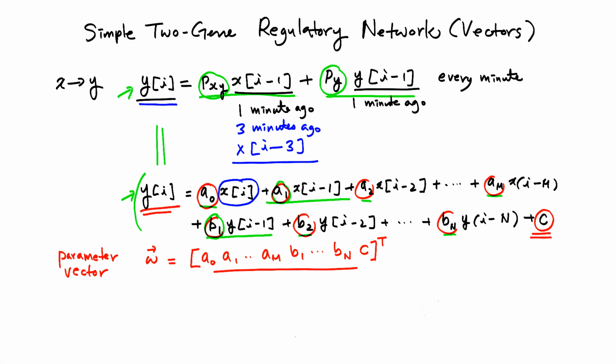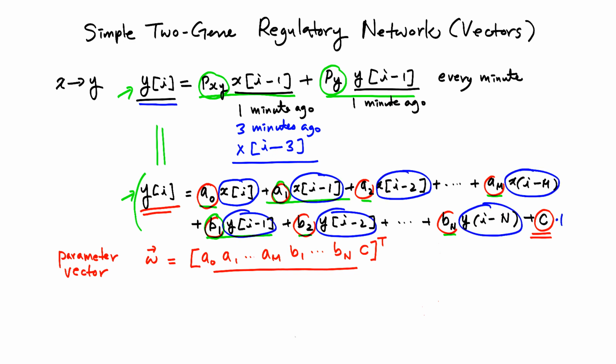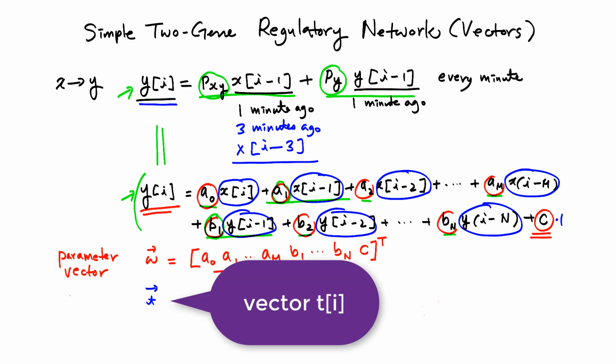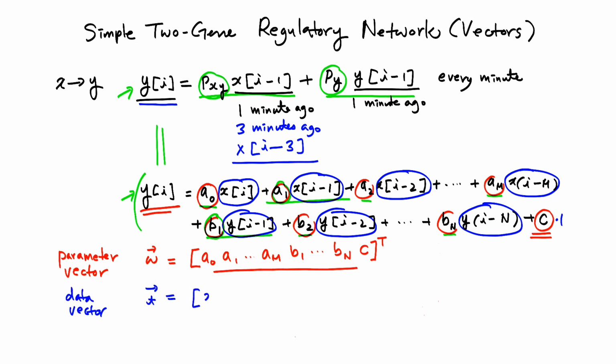So now we want to have all these data terms put together into a single vector called vector T. So this is the data vector. It has x of i, x of i minus 1 up to x of i minus m, and y of i minus 1 up to y of i minus n, and lastly the number 1, because this 1 is multiplied by c.